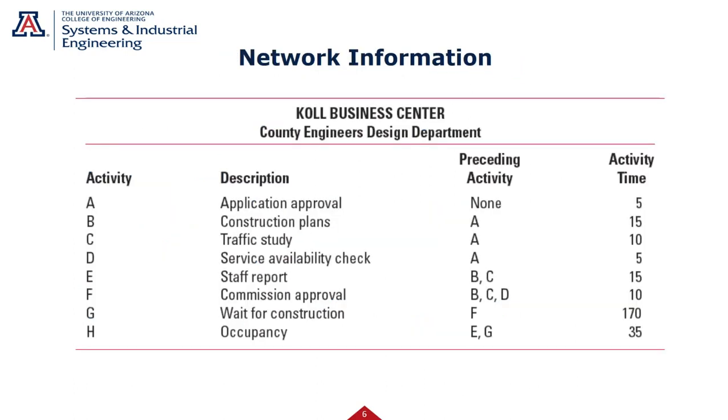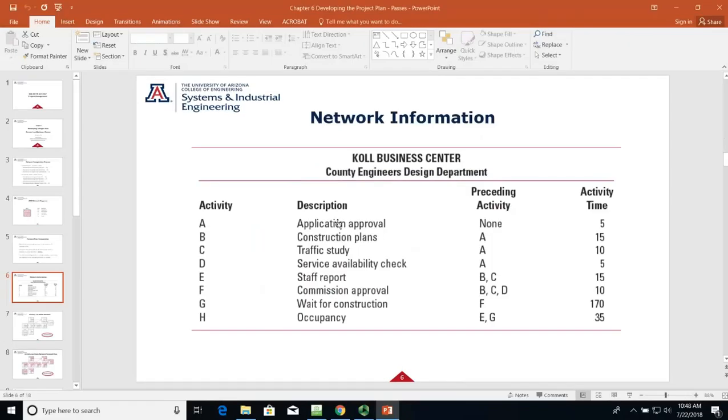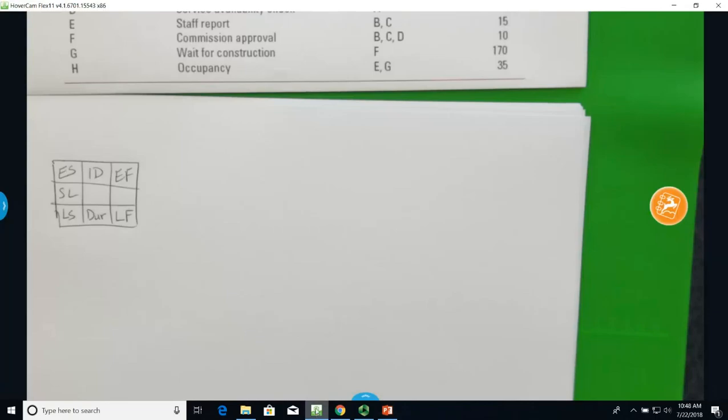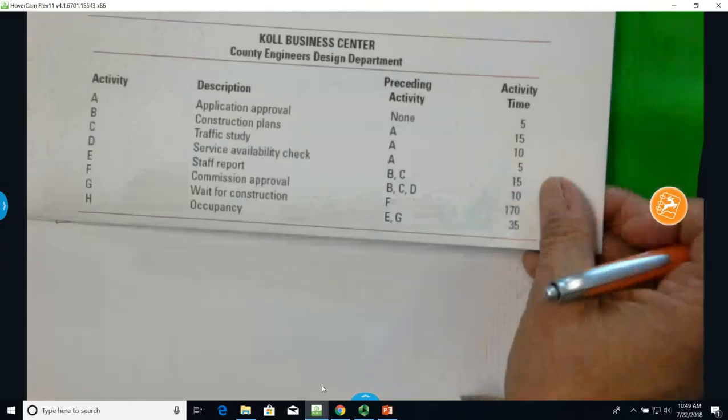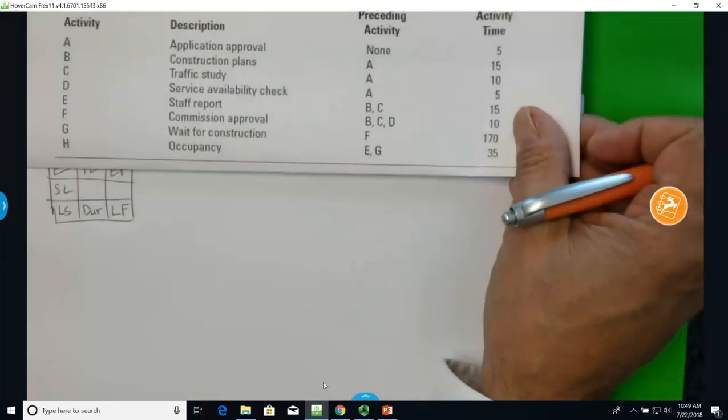So here was the project we laid out before. Now I'm going to lay it out with the grids, okay? But I'm going to jump back to my overhead camera, okay? Here is that little grid we have to do. Here was the project up here, all right?